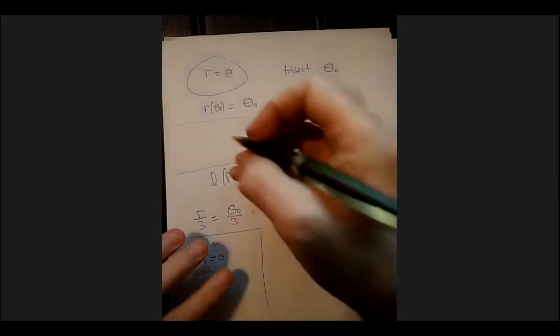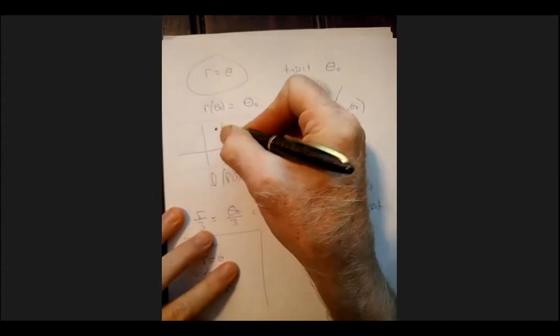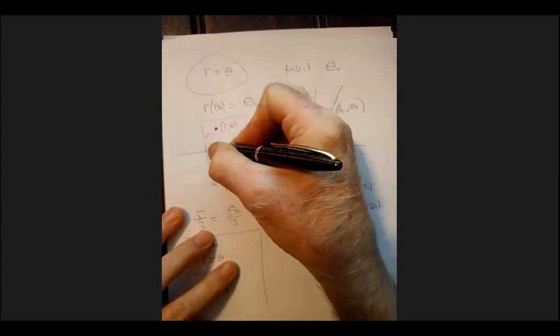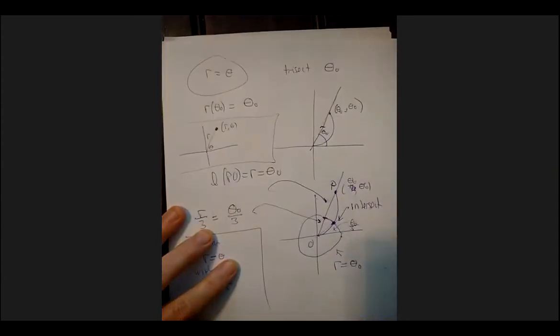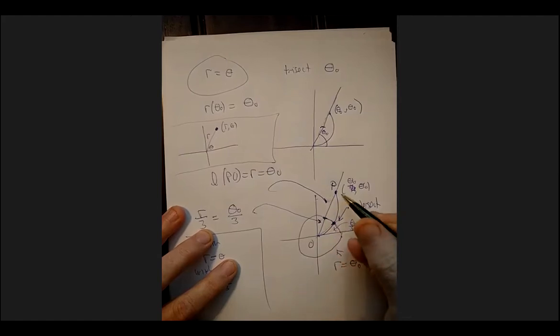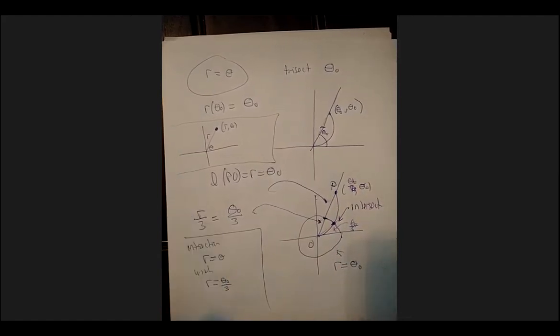In polar coordinates, if I just take any point up here, it's r theta. This length is r, this angle is theta. That's why this angle here is theta naught. Because my coordinate is theta naught, that means both the radius and angle are theta naught.